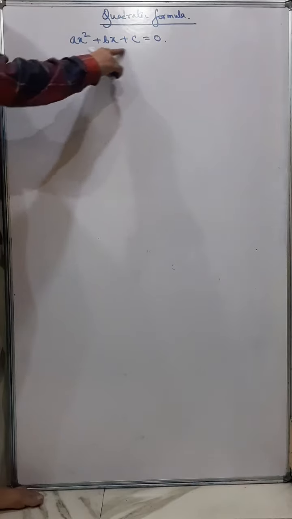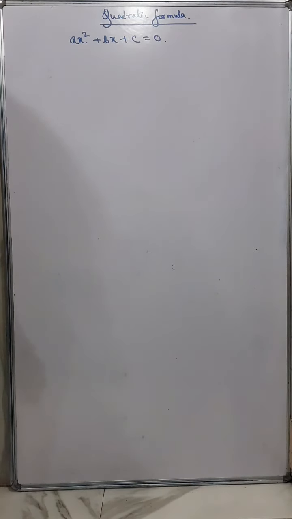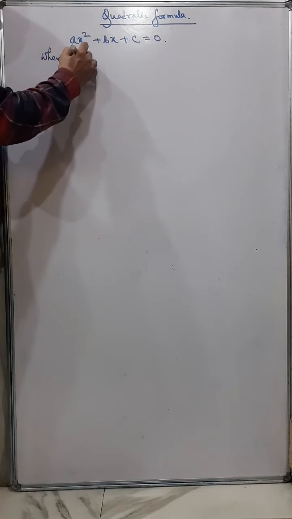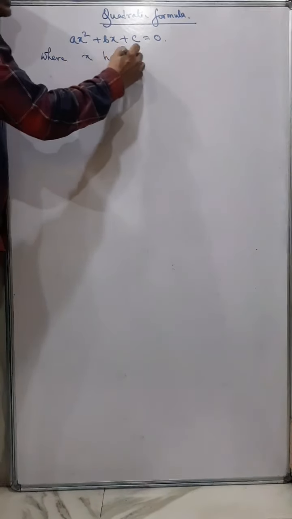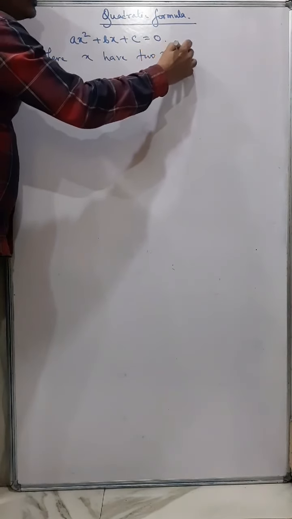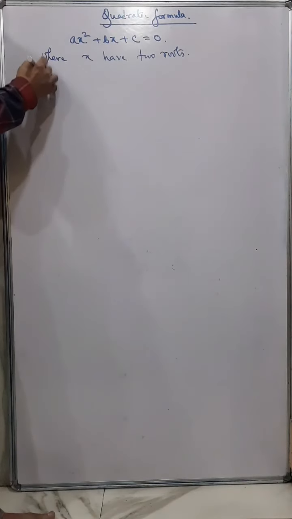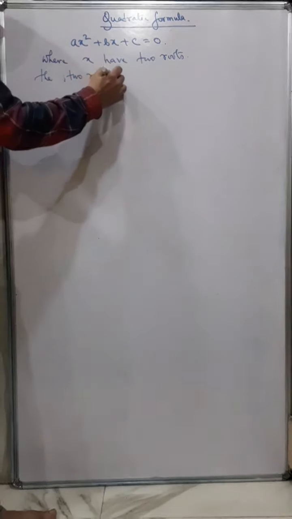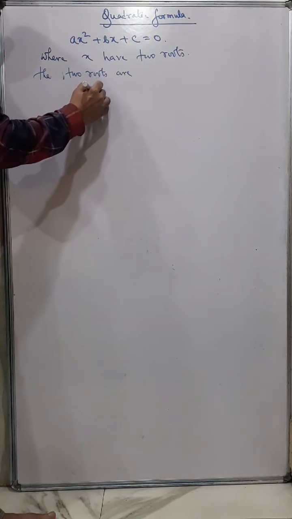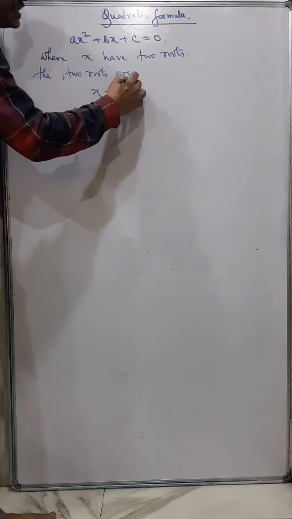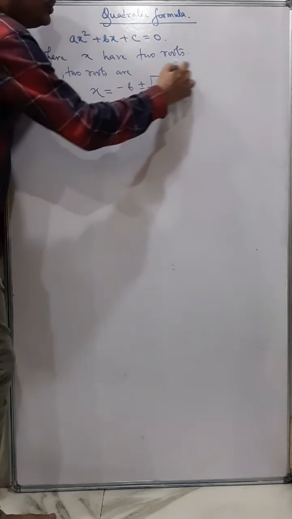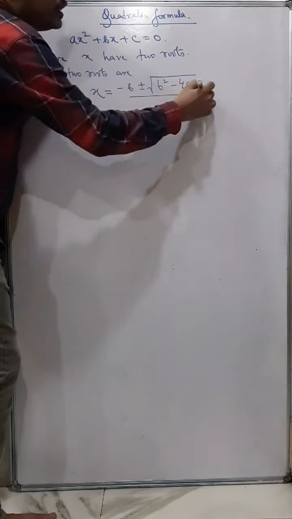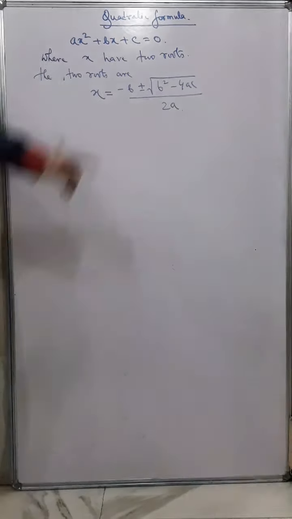Now you already know that this is the general form of a quadratic equation: ax square plus bx plus c equals 0, where x has two roots. The two roots are, directly we can see, x equals minus b plus minus root over b square minus 4ac, by 2a. So these are the two roots of x.